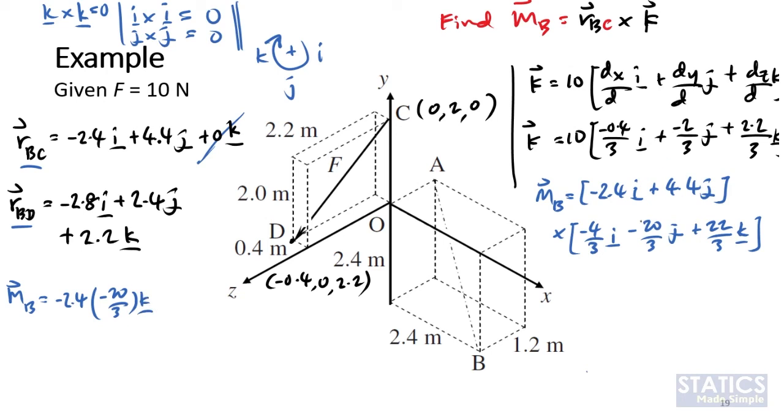And then we have 4.4 times 22 over 3. jk will give you positive i. Sorry, I should be following the same term first.